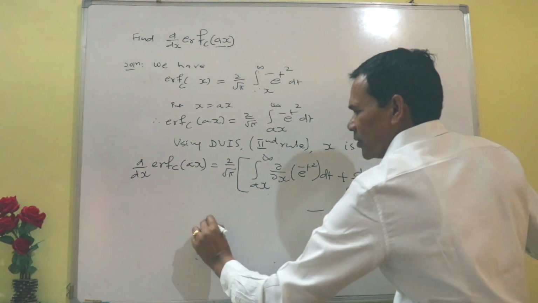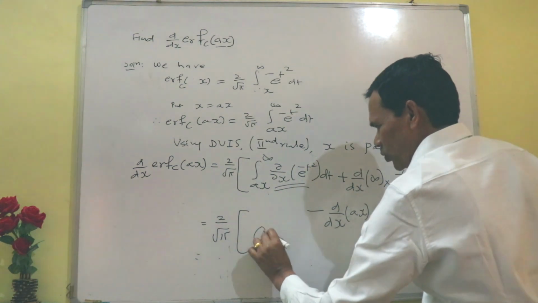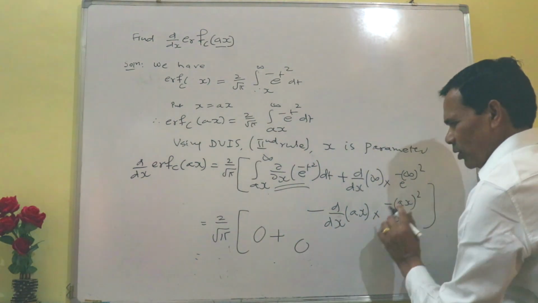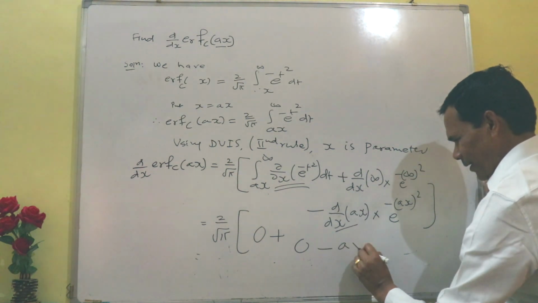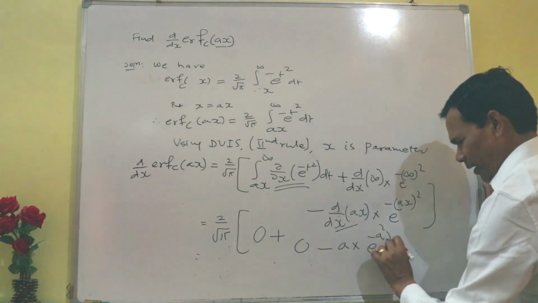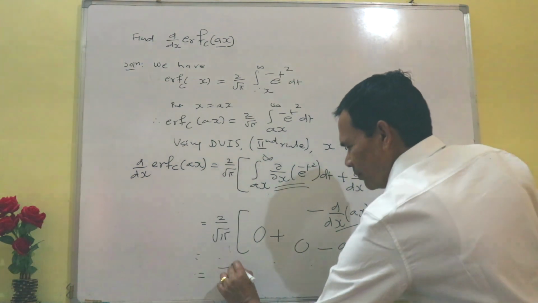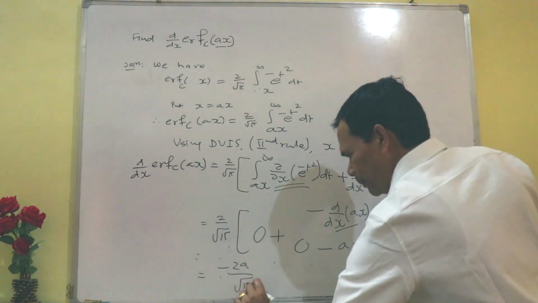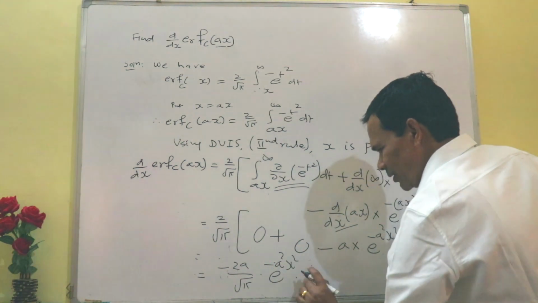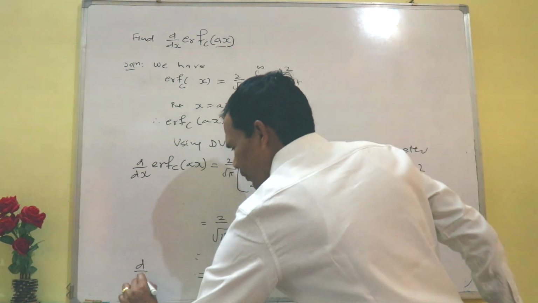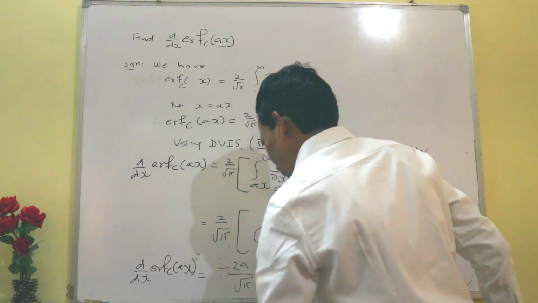So naturally this would be 0 again, this is also 0, and the last one, with respect to x, you are getting a e raised to minus a square x square, and finally you are getting minus 2a upon root pi e raised to minus a square x square. So this is your d by dx of complementary error function of x.